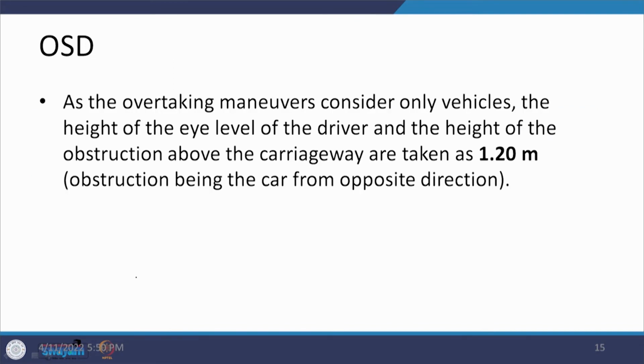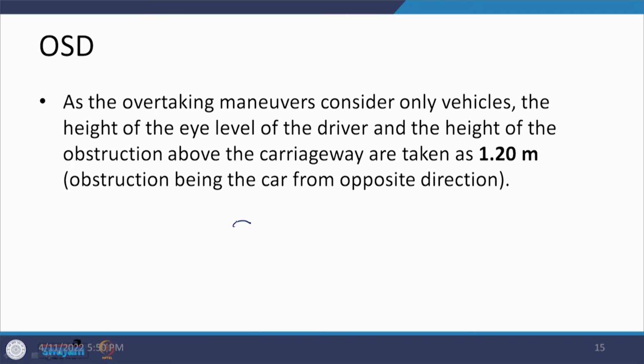Now, when we are talking about this overtaking sight distance and the overtaking maneuvers, the things involved here are simply vehicles. So, you have one car which is moving in this direction, and there is another car which is coming from the other direction. Whatever eye level we talked about in the case of SSD as the object versus the eye level of the driver, here both become equal.